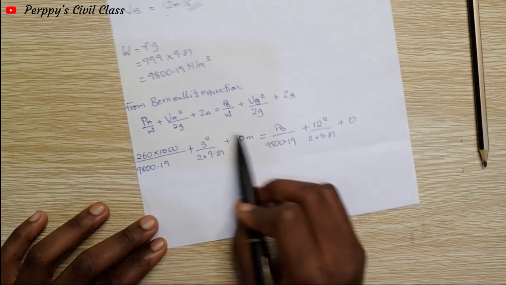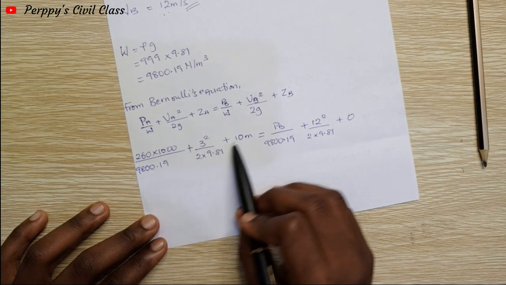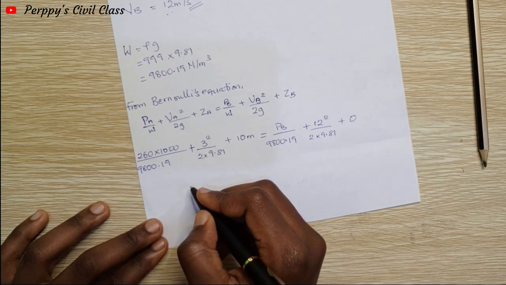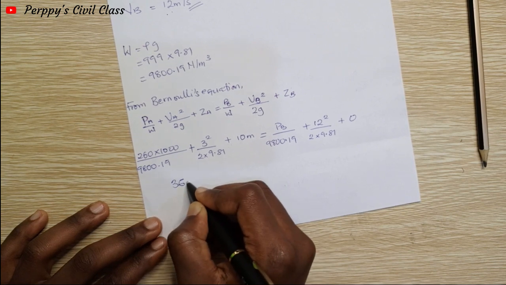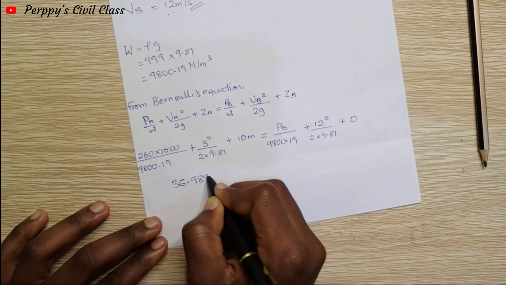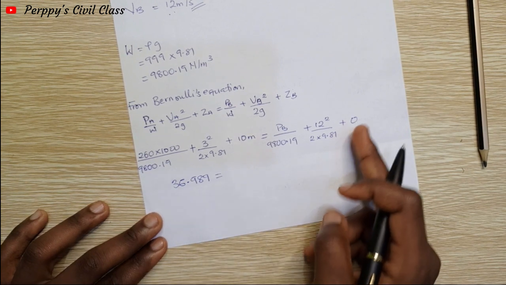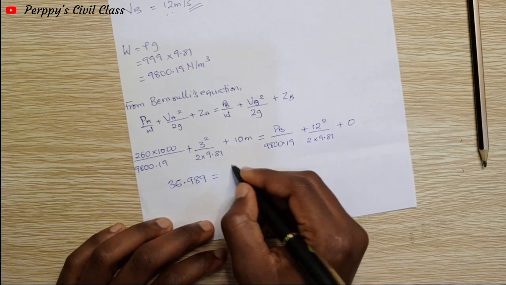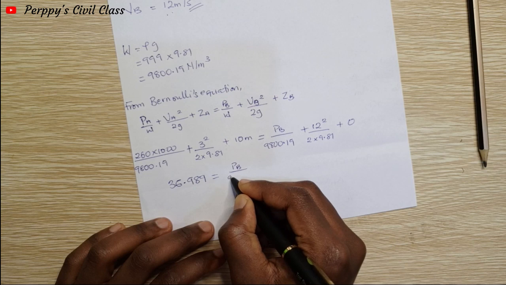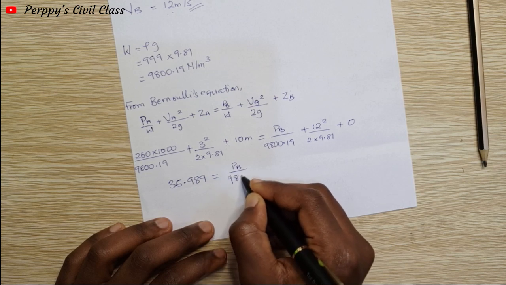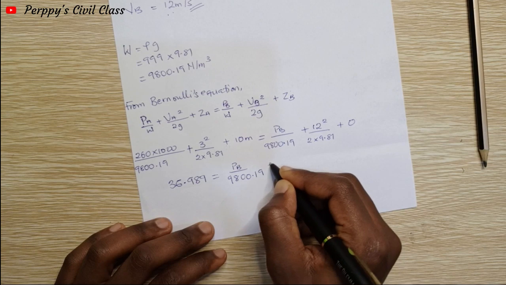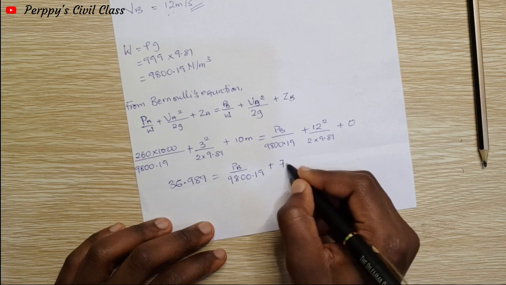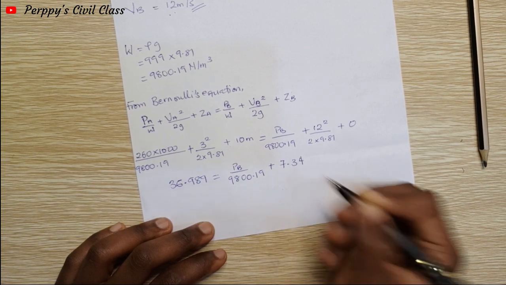So this whole expression, if you do the summation, we are going to have 36.989, which is equal to PB over 9800.19 plus, this alone will also give us 7.34.